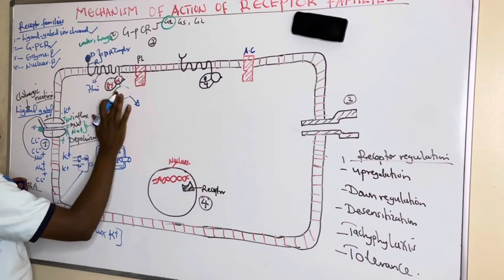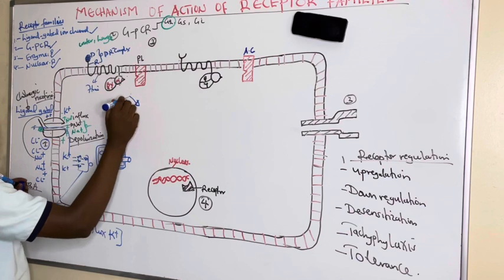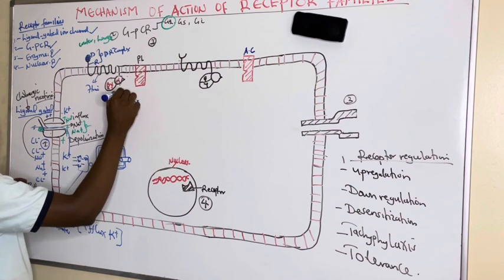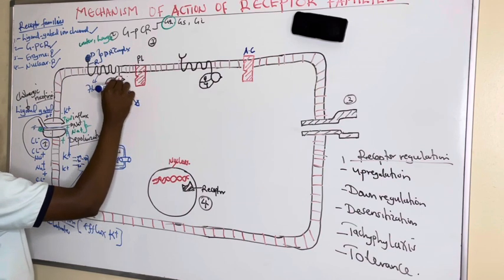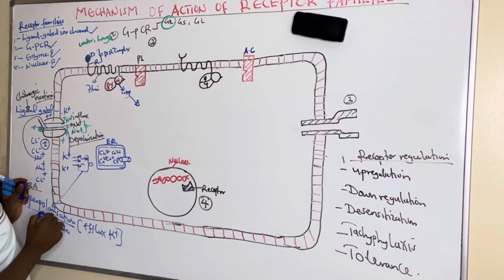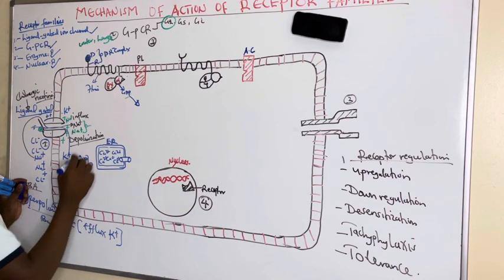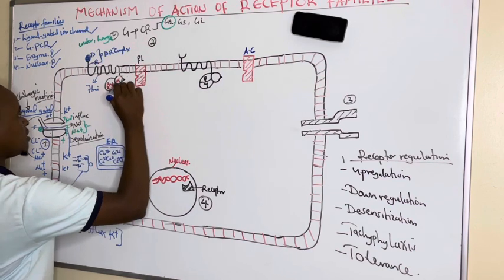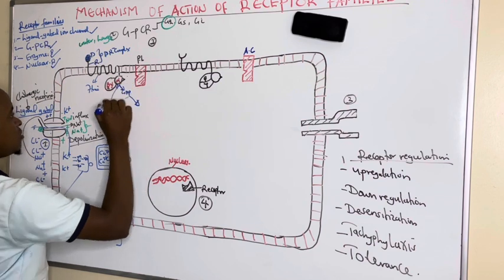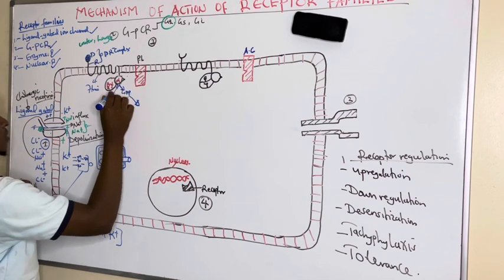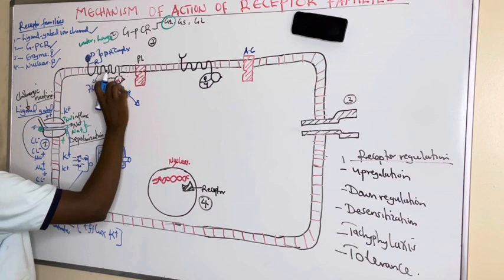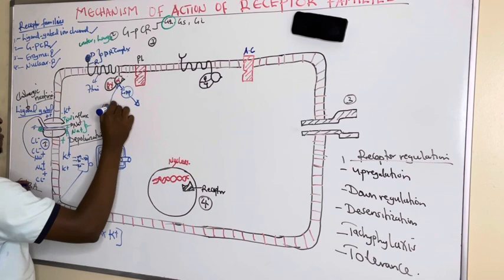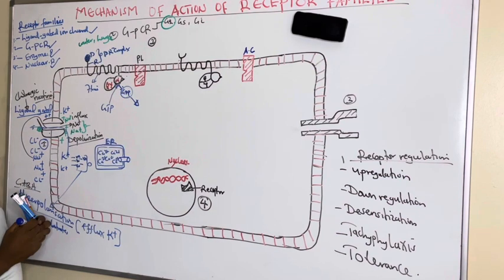So GDP, which was initially binding on the alpha, is released after the drug binding, and GTP comes and displaces the GDP.